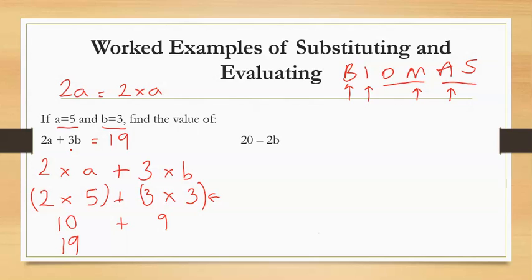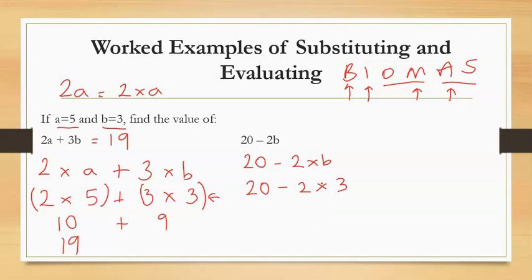So if we look at 20 subtract 2b, first of all we'll expand it out. So we've got 20 subtract 2 multiplied by b. Then we'll substitute the value of b, which we're being told is 3. So we've got 20 subtract 2 multiplied by 3.